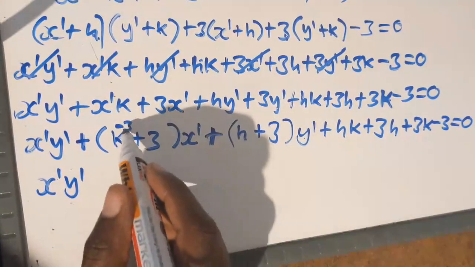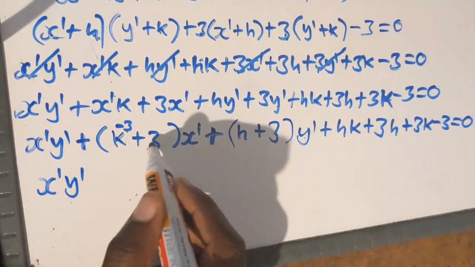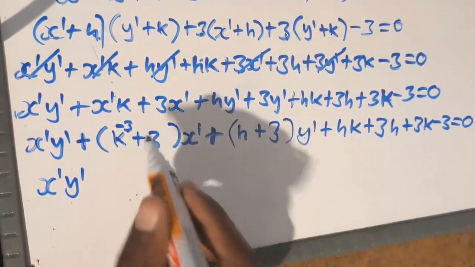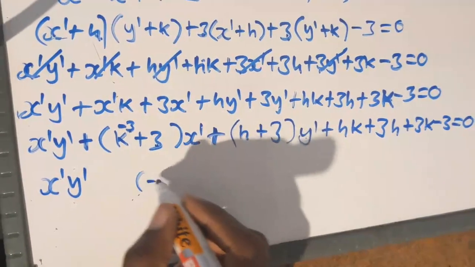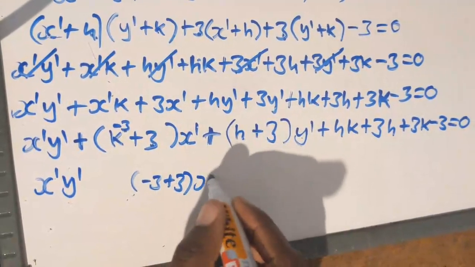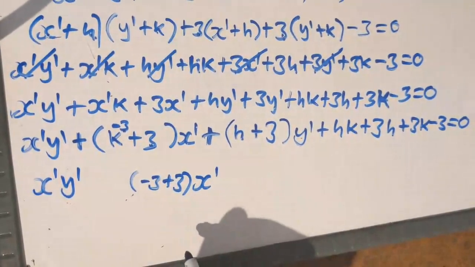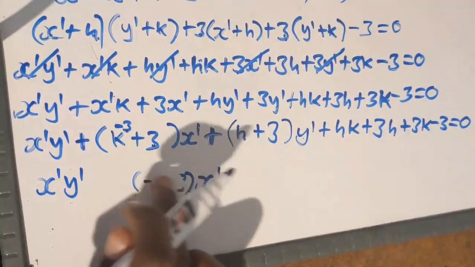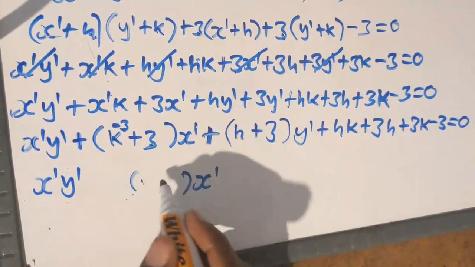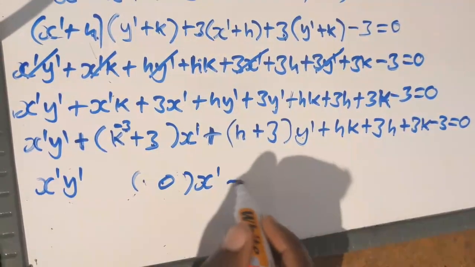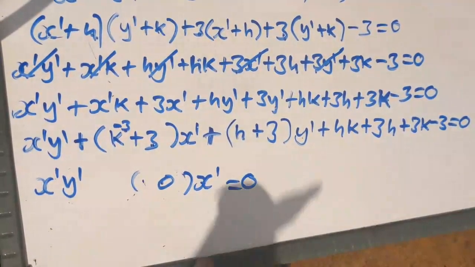It will be negative 3 plus 3, then multiplied by that. So negative 3 plus 3 is going to be 0, and multiplying by 0 gives you 0.